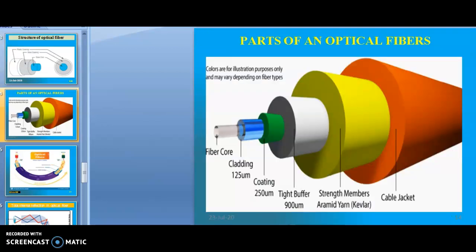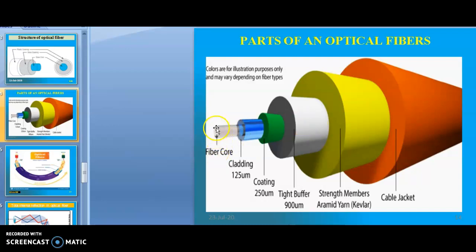Now let us see in detail the schematic view of optical fiber. See here the various regions of optical fiber are represented with various colors. So this is core, the fiber core.